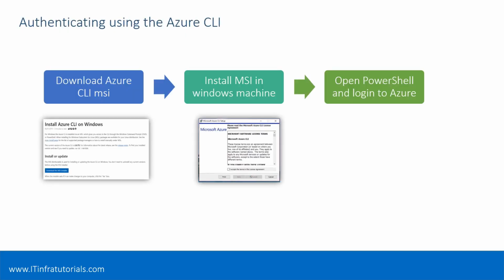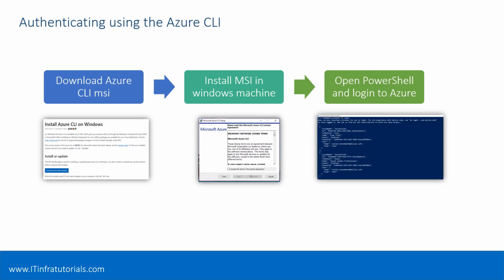These are the three steps we have to do. Download the Azure CLI MSI, which we have done now, and install it. It's a wizard, and you have to press next to install it. Once it is installed, open PowerShell and type the command az login, then enter your Azure user account username and password.